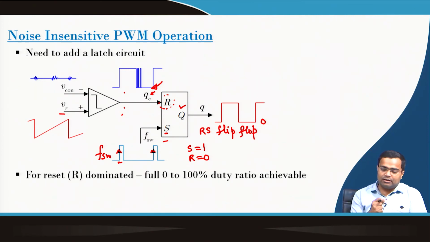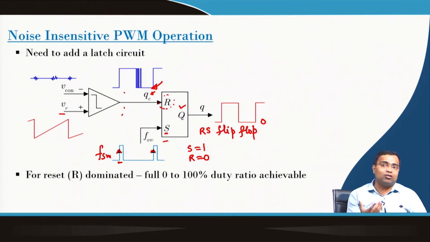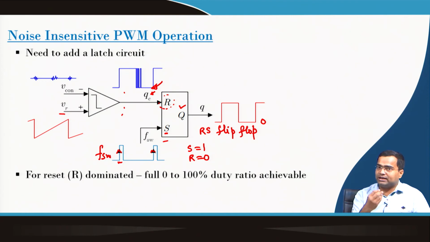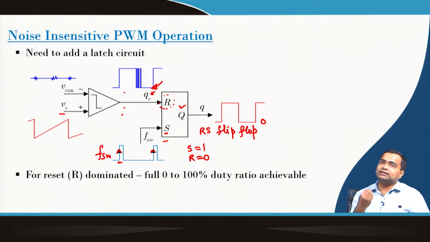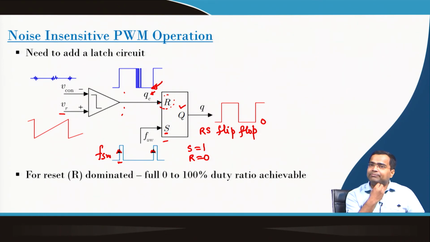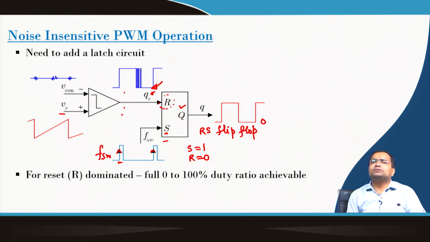If we make reset dominant, that means if we find that at the rising edge of the switching clock the control voltage is lower than the reference voltage, that means the switch should be turned off, then we should use the reset signal to be dominant over set, and it will prioritize the edge of the reset rather than set. So, it will turn off, and after some time the edge of the external clock will also go, then it will remain turned off throughout the cycle. So, you can achieve 0% duty ratio.